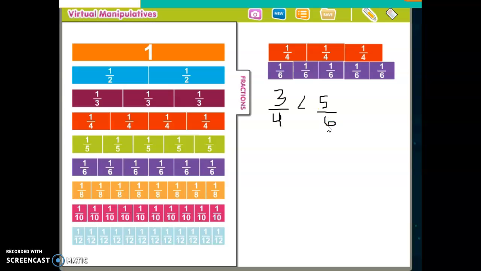If you want to, you can always remember that the alligator mouth eats the bigger number or the bigger fraction because 5/6 takes up more space.